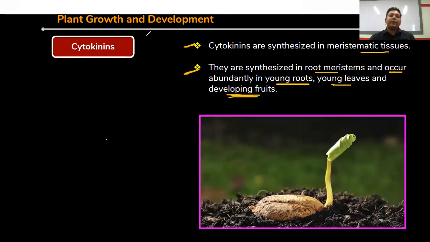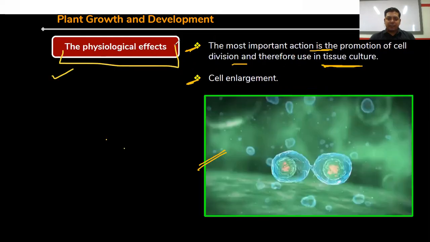Now, the physiological effects or functions of the cytokinin plant hormone: the most important action is the promotion of cell division, and therefore its use in tissue culture. This is very, very important for cytokinin.